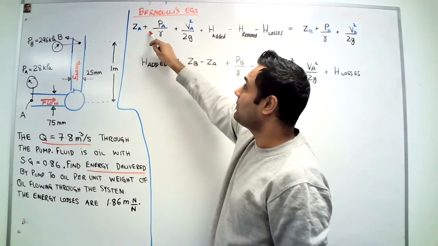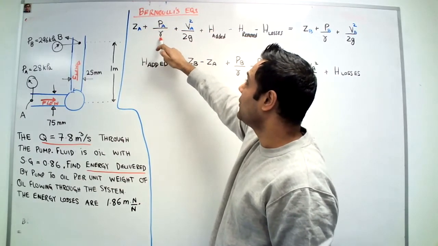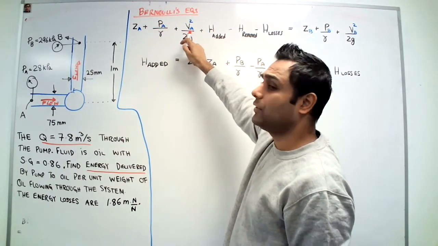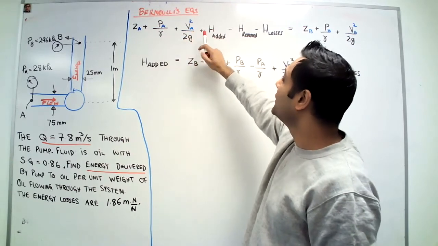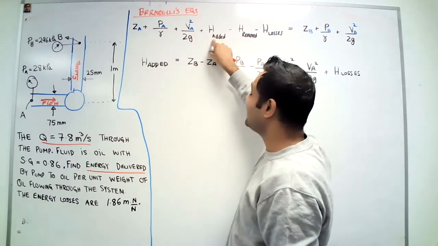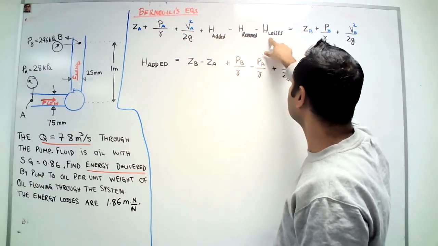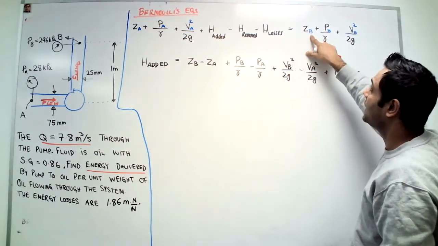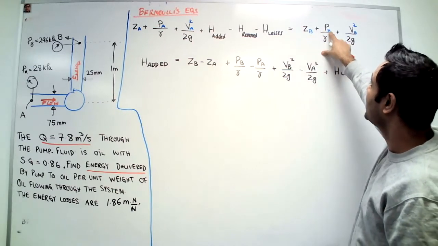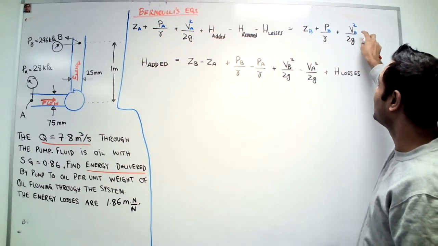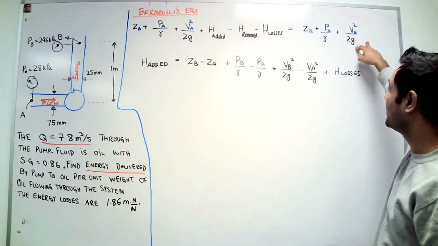So ZA plus pressure at A over gamma plus velocity of the fluid at A over 2g, plus the head added, minus the head removed, minus the head losses, should be equal to ZB plus the pressure at B over gamma plus the velocity of the fluid at B over 2g.